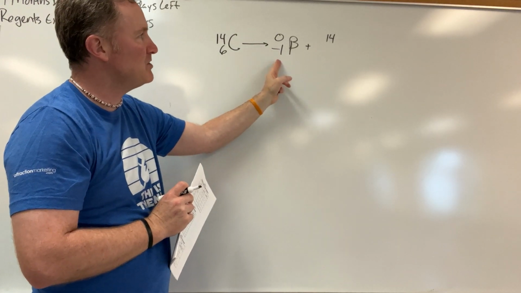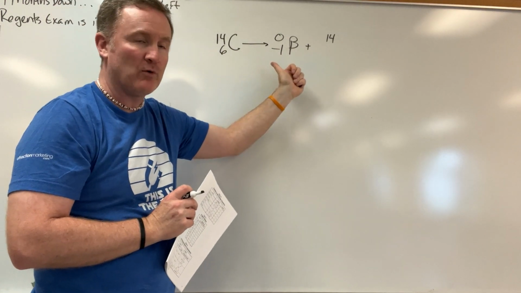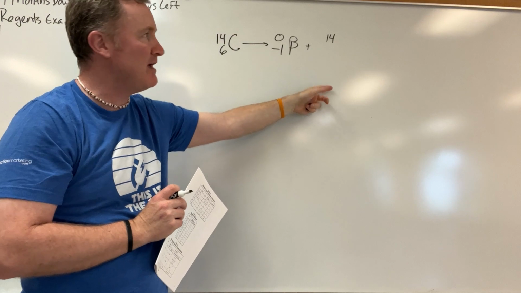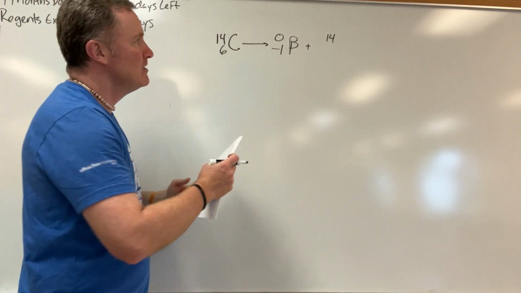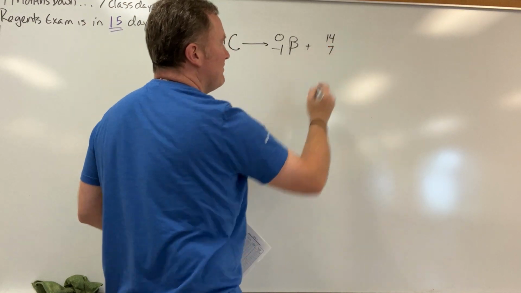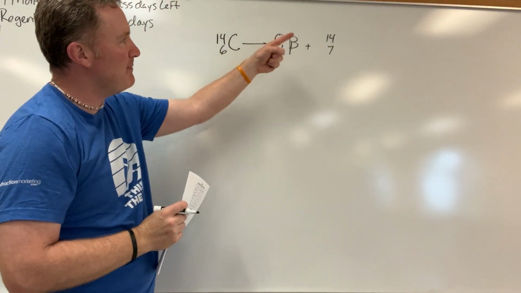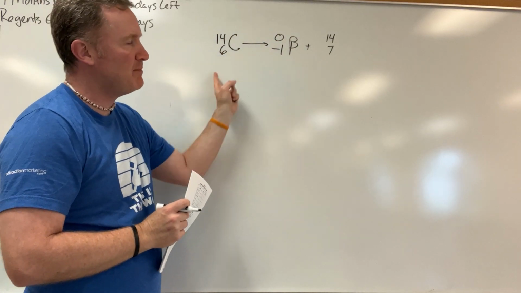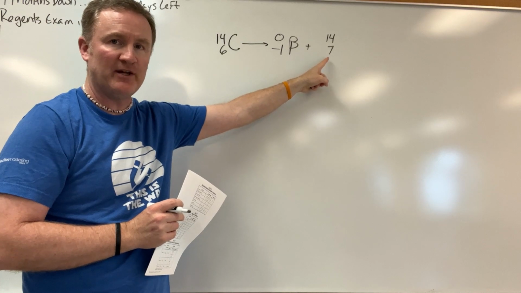Or we could say -1 plus something is equal to 6. Or if we're looking at it backwards, or depending on if you wrote it the other way around, some number -1 equals 6. So therefore, that would be a 7. So the math checks out. Everything on the top adds up to 14, and anything on the bottom, both sides, adds up to 6. But now we have a different atomic charge.